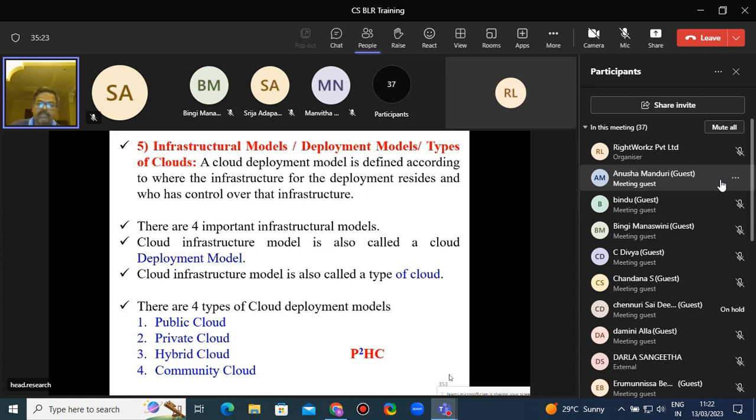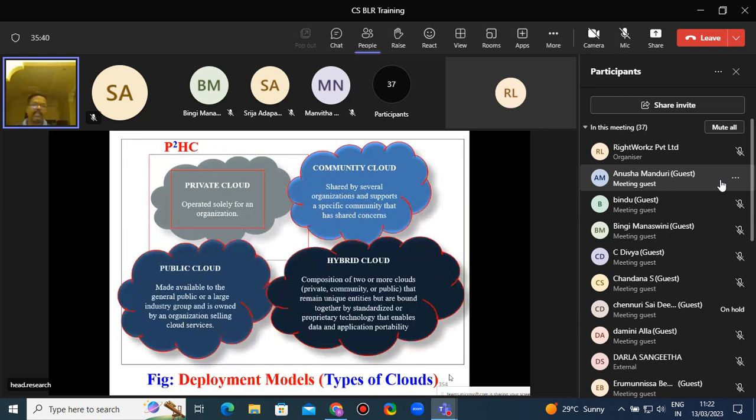Cloud infrastructure model is also called a type of cloud. There are four types of cloud deployment models: public cloud, private cloud, hybrid cloud, community cloud. If we see public cloud, it is made available to the general public or a large industry group and is owned by an organization selling cloud services.